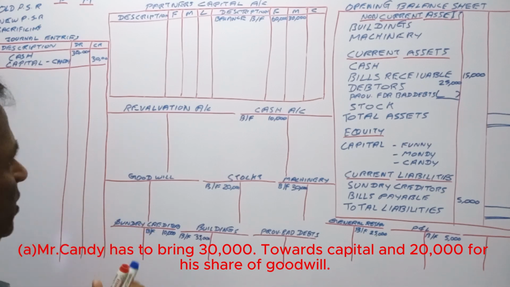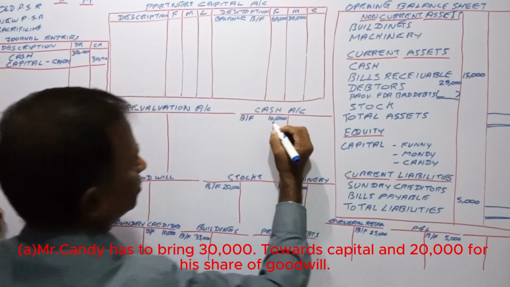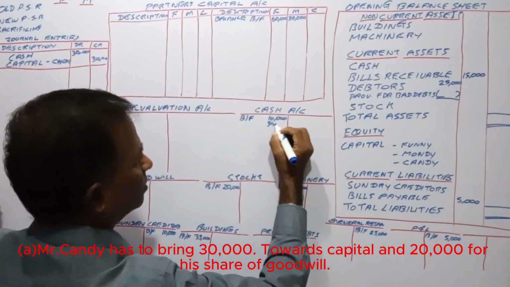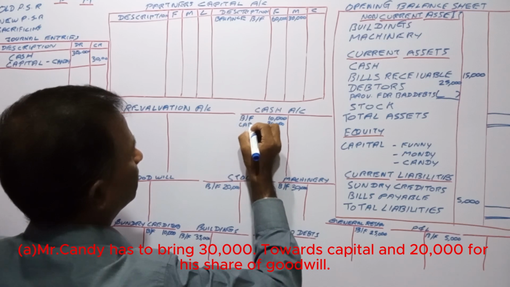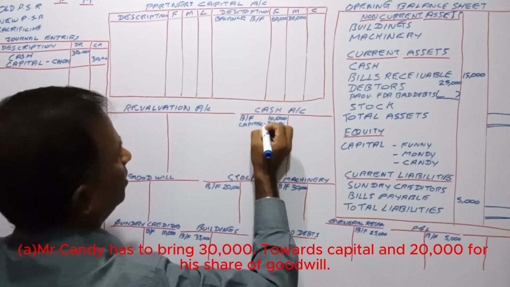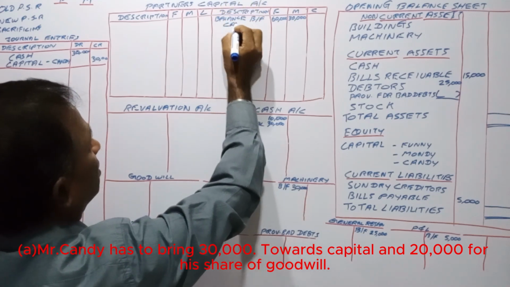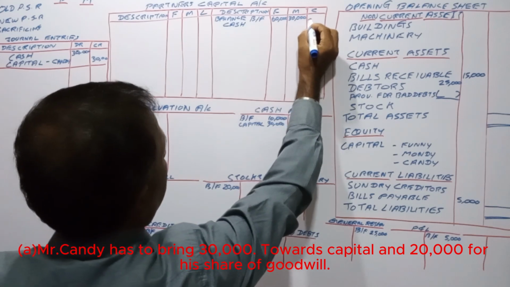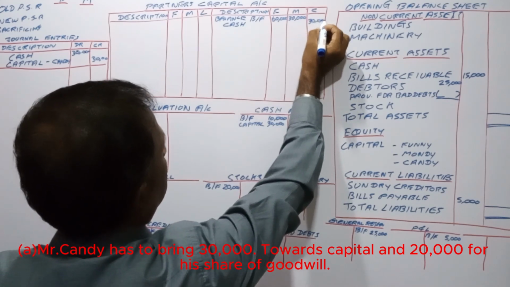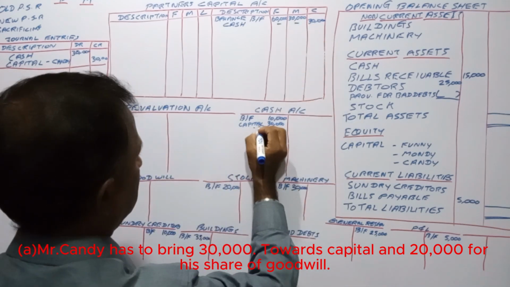The double entry is cash account debit 30,000, capital account credit, of Candy.